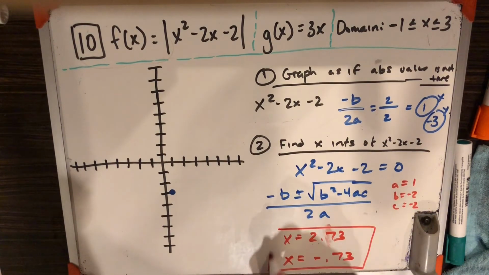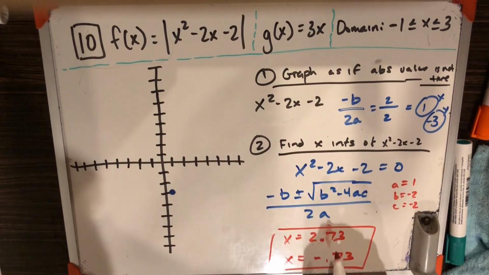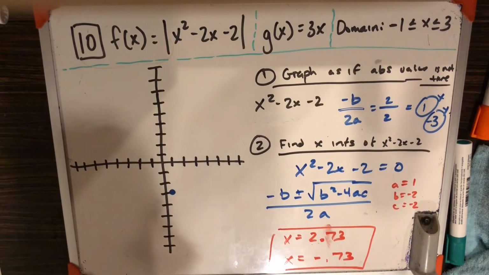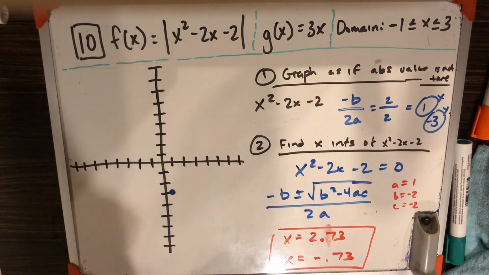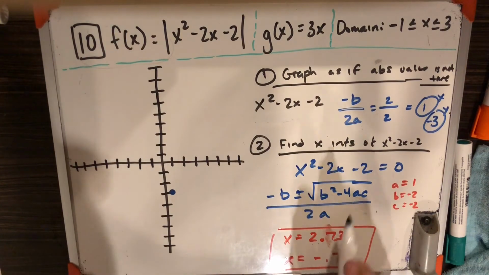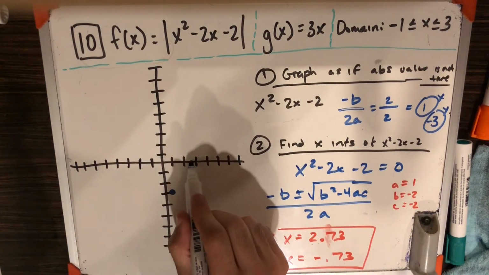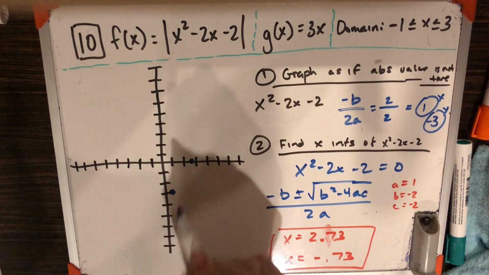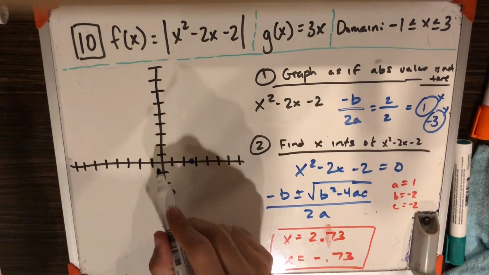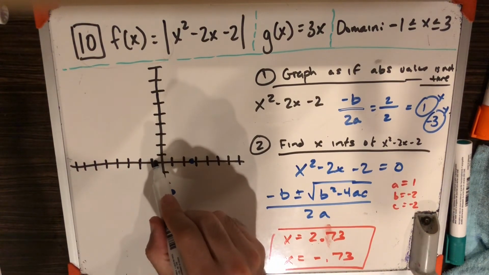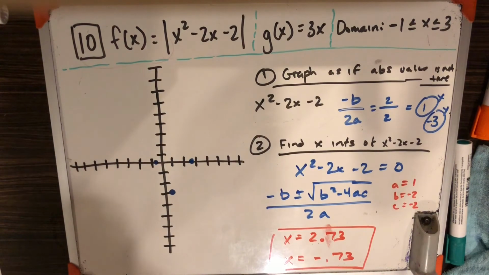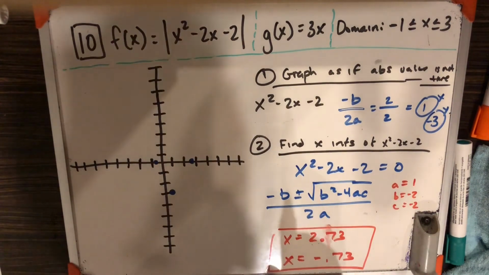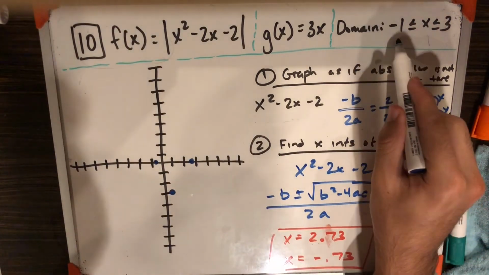Okay, so I know I'm plugging those in for my x-intercepts. And again, always check if it falls under the domain. It does in this case, so I know 2.73, I can plug that in, and -0.73, that would end up being right over there.